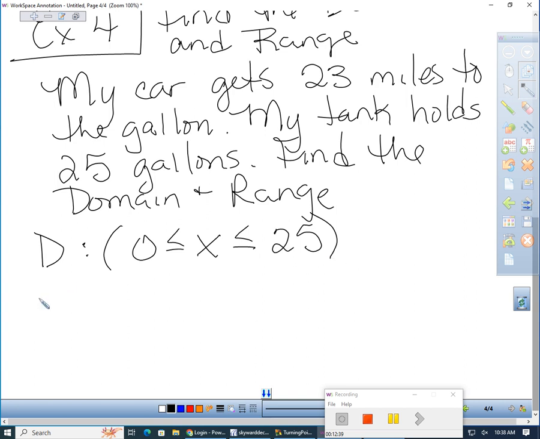Now I want to talk about the range. The range is the miles I could drive. If I have 0 gallons in my car, what is the least amount I can drive? 0. Okay, so 0, less than or equal to y, because range is y. And then what's the most I can drive on a tank of gas? 25.